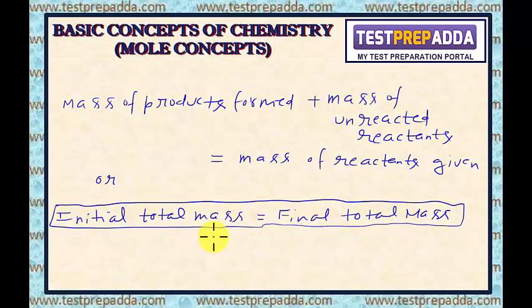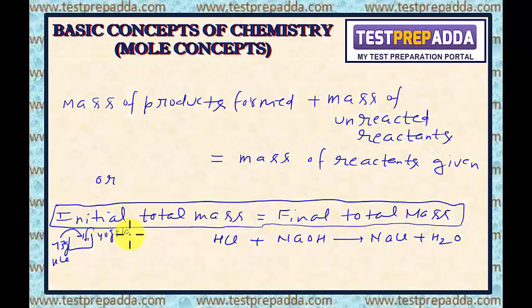My point is clear. For example, if I take HCl reaction with NaOH, we get NaCl and H2O. Now if I say initially we have mixed 73 gram of HCl with 40 gram of NaOH. So what will you write?